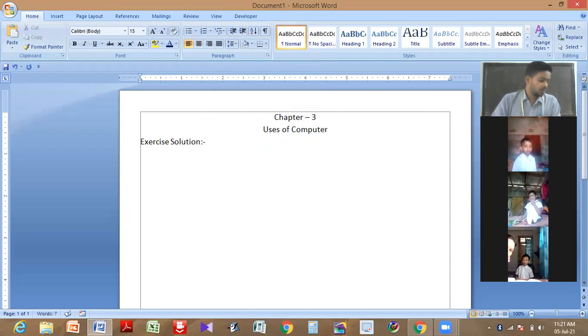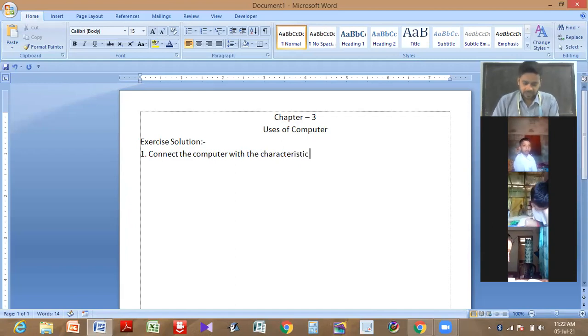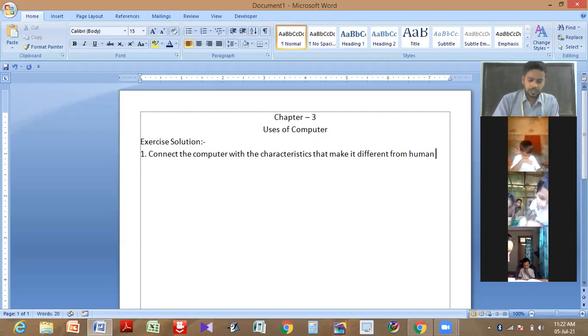Now in the exercise solution, the first question: connect the computer with the characteristics that make it different from human beings.